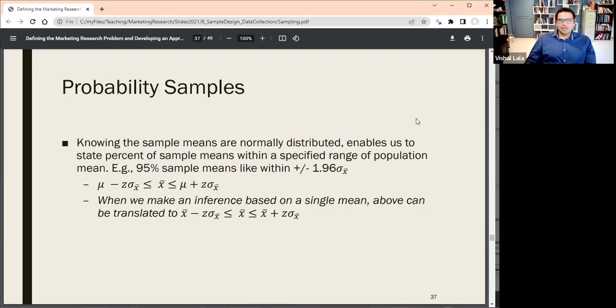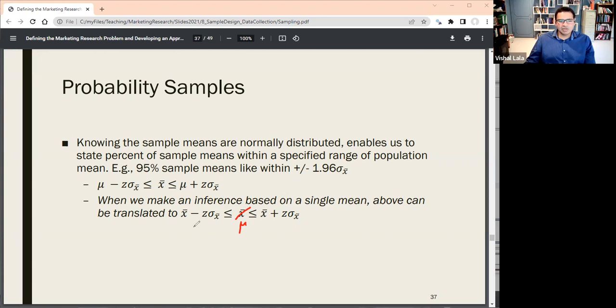Okay, so what all this gives us is the following. Knowing the sample means are normally distributed enables us to state the percent of sample means within a specified range of the population mean. For instance, here we have mu minus z sigma x bar smaller than or equal to x bar, smaller than or equal to mu plus z sigma x bar.